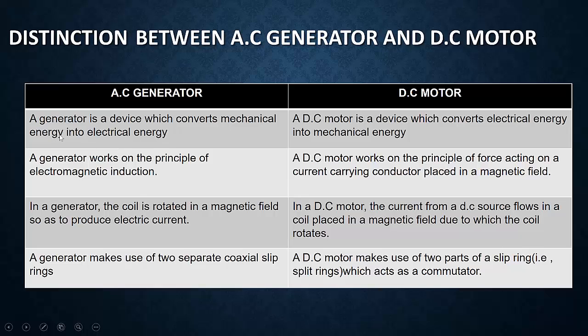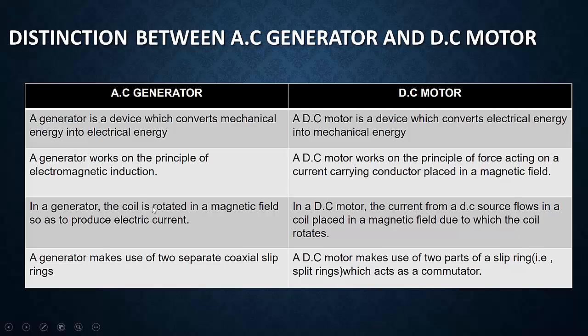In a DC motor, remember the table fan, the device converts electrical energy into mechanical energy. A generator works on the principle of electromagnetic induction, and a DC motor works on the principle of force acting on a current carrying conductor placed in a magnetic field.